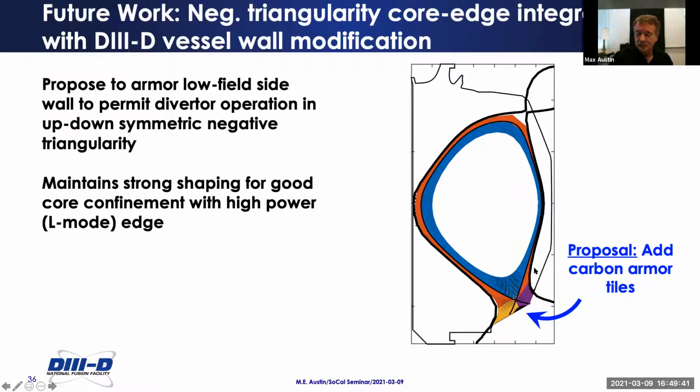So this would be a lower single null with the upper not diverted, but again, symmetric negative 0.4 triangularity. And this has actually been approved and is tentatively on the schedule to be done in FY23.